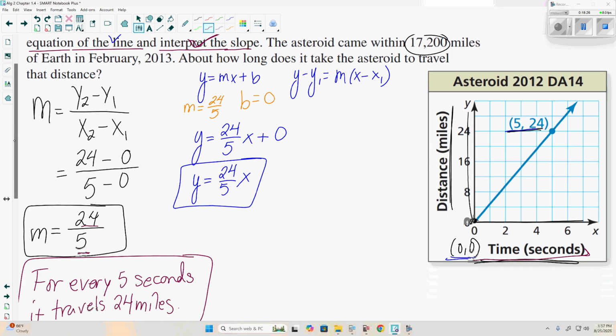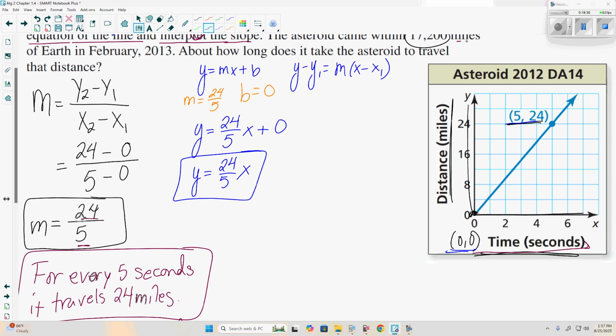Now, 17,200 miles is a distance, yes? Would that distance go in place of x or y? It would go in place of y. So we can take the equation, replace the y with 17,200 miles. Now we just need to solve this equation for x, yes?